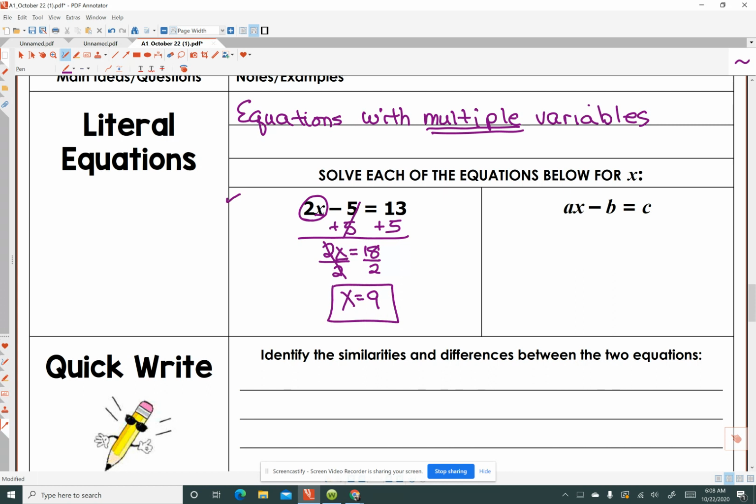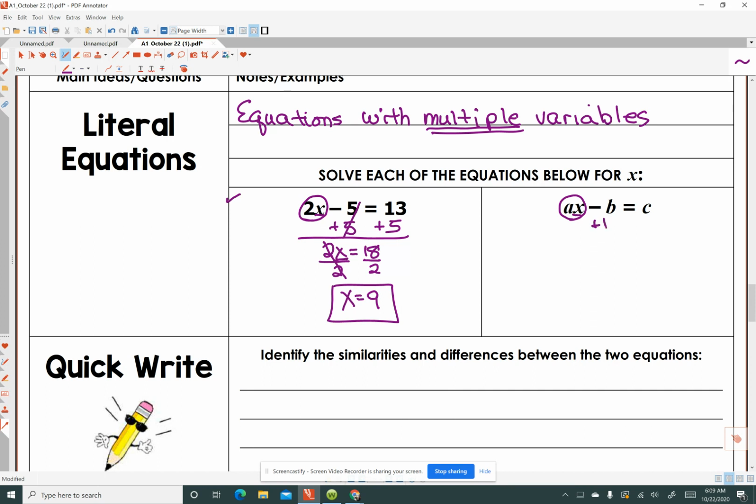Now, if we were to solve this variable for x, same thing. We have the term with x in it that we want to isolate or make by itself first. So what's happening to this term ax? Well, b is being subtracted from it.